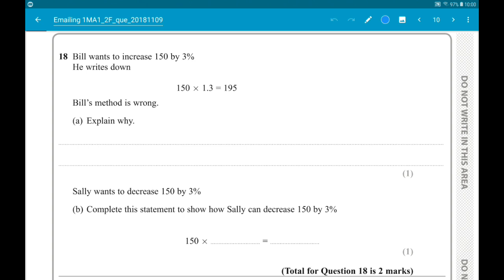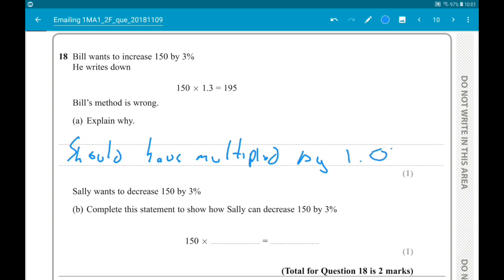So, he should have multiplied by 1.03. Because 3% as a decimal is 0.03.